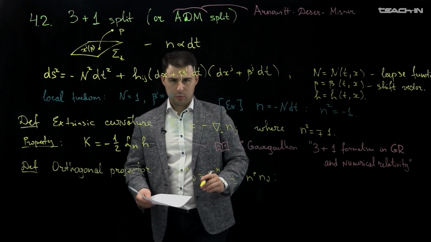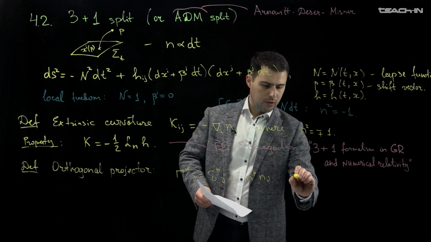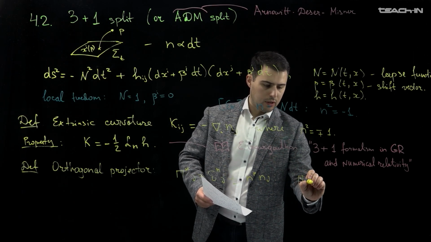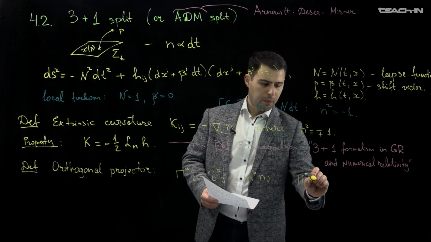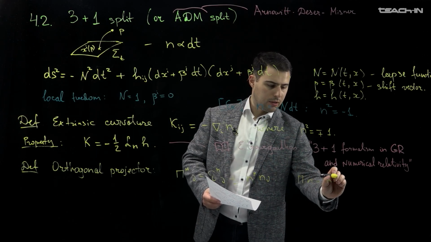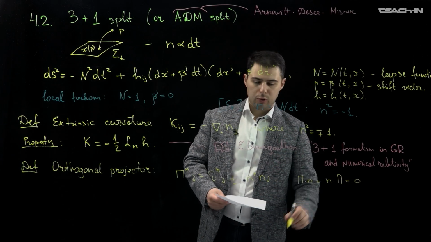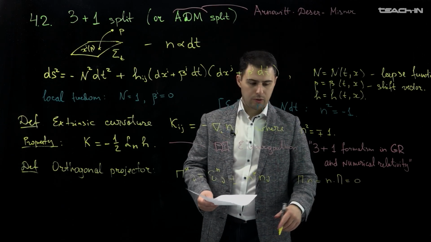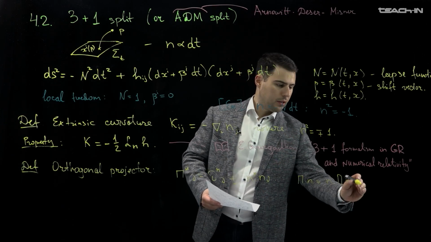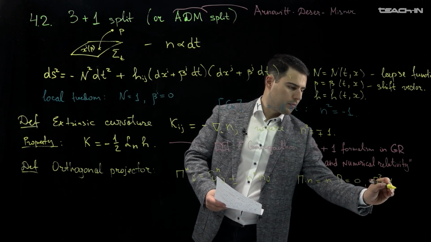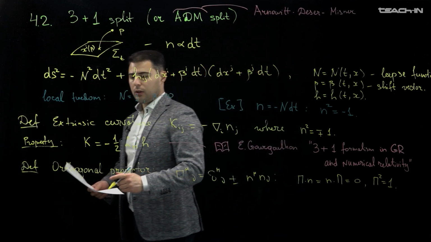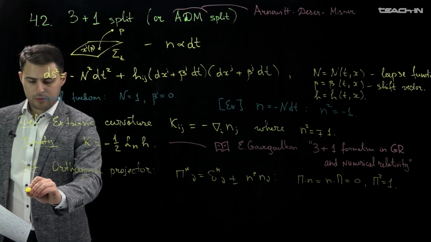It is defined by two properties. First of all, it is symmetric, and its product with the normal is 0. Secondly, it squares to itself.